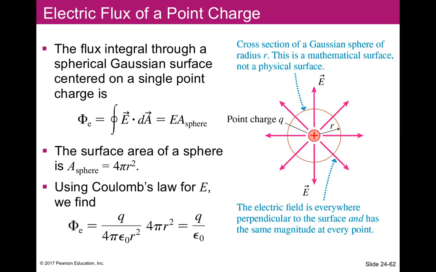But when we do calculations, usually we choose some symmetric Gaussian surface simply because we want to take advantage of the symmetry so that it makes our calculations easy. It doesn't mean Gauss law has to be applied to a symmetric system. It's not necessary.